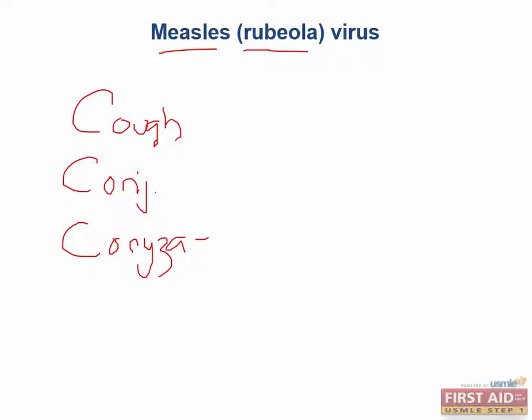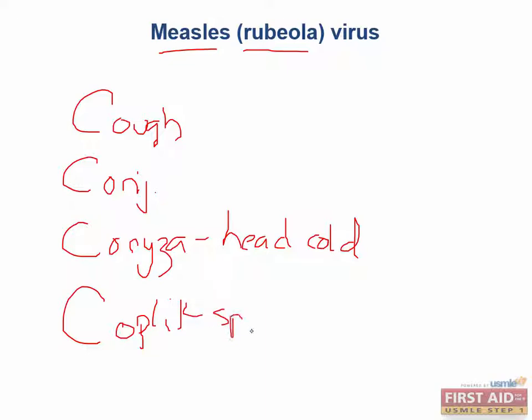Coryza is a term to describe a head cold. Personally, I like to add a 4th C, which stands for Koplik spots. I know that Koplik spots starts with a K, but it's easy to remember since C and K sound the same here.